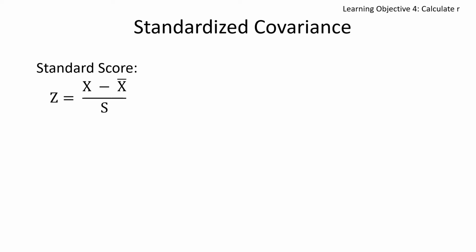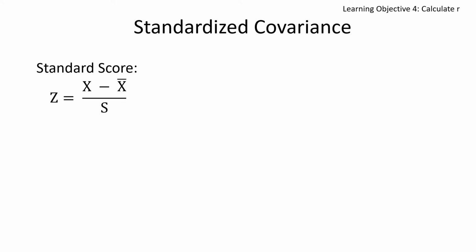When we talked about standardized scores with standard deviation, we just got a standardized score by dividing, and it was essentially a standardized variability. We're not interested in just a standardized variability, we're interested in a standardized score, a standardized relationship.